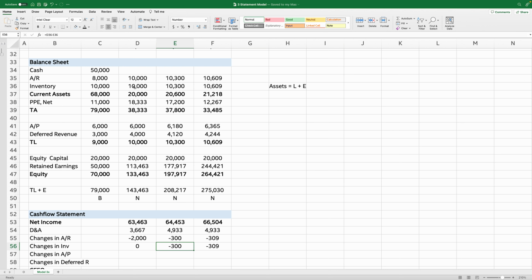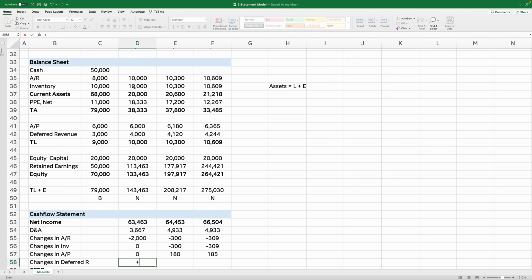And then next we have accounts payable. So accounts payable is what we owe. We have to pay someone some money for our accounts payable. And so in order to figure out how much we have to pay, we do it this way. We go to accounts payable. This time, how much we owe this time minus how much we owe last time.